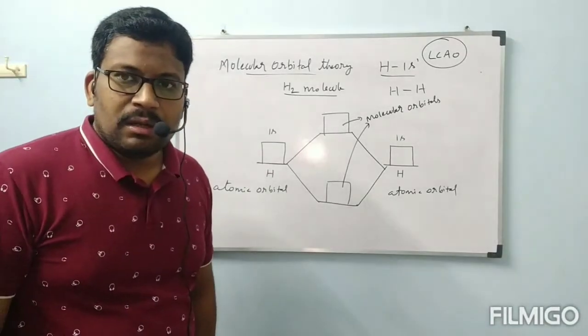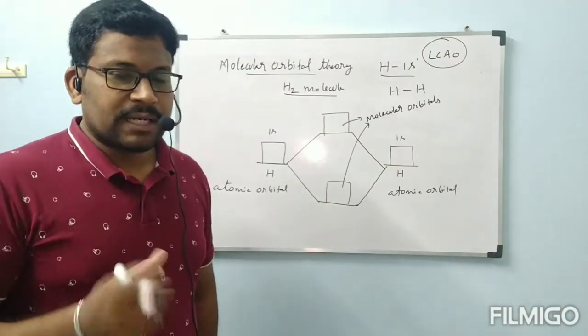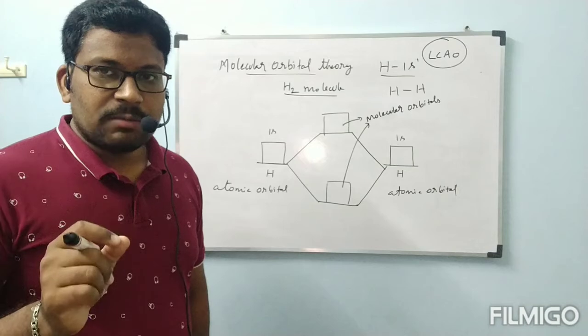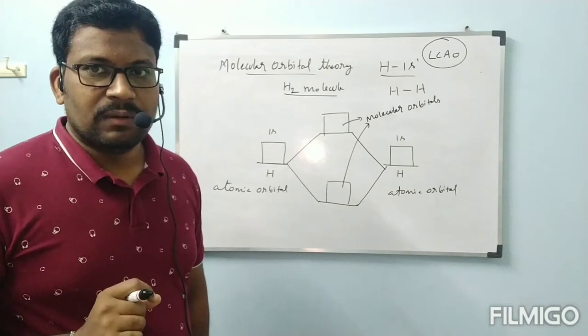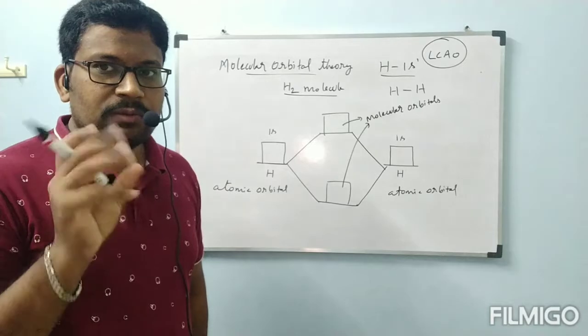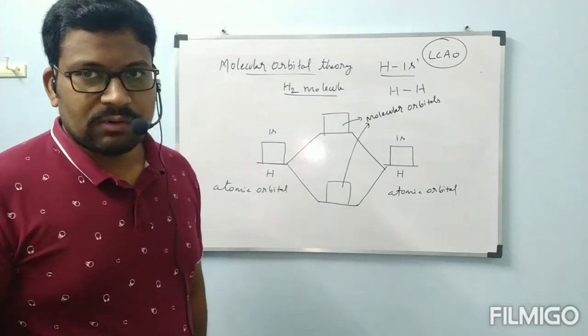Are you okay, everyone? Now we have to represent them with some letters, which I will tell you. Before that, check whether you are able to understand. Everything is clear: 2 waves combine with two possibilities, constructive interference and destructive interference.